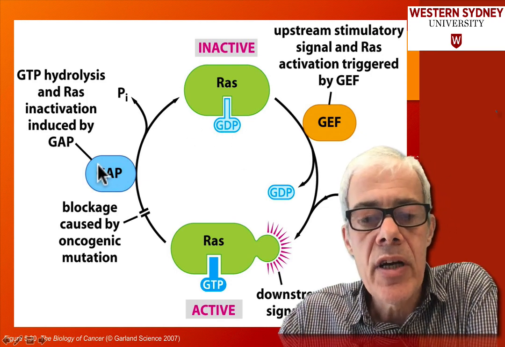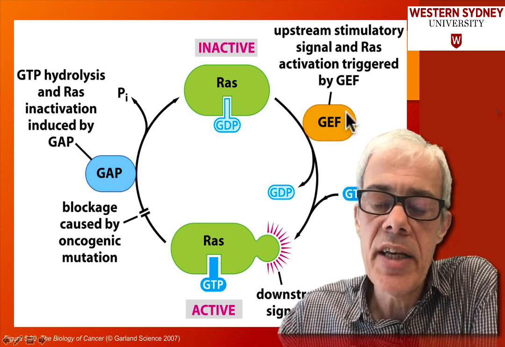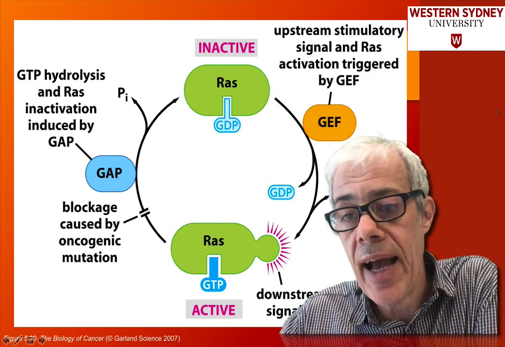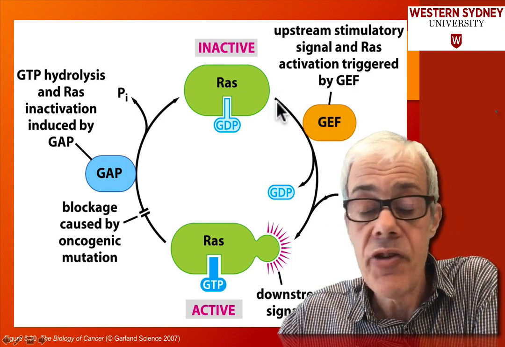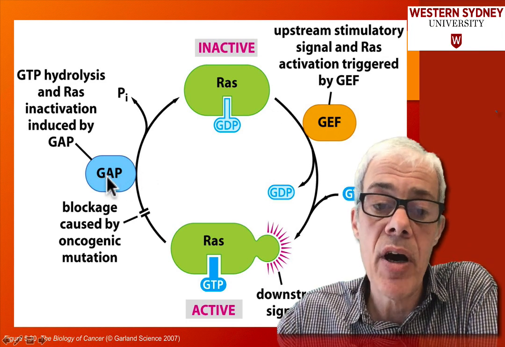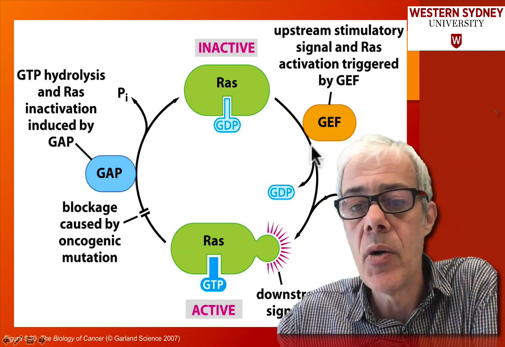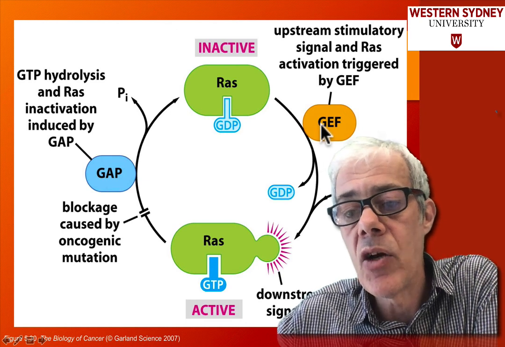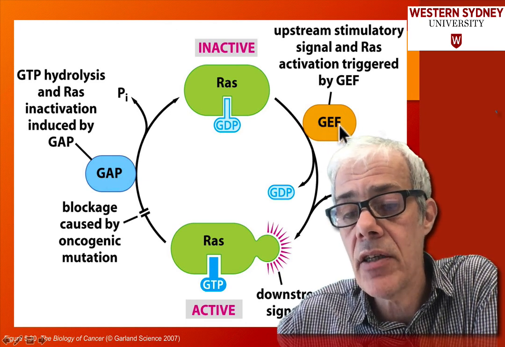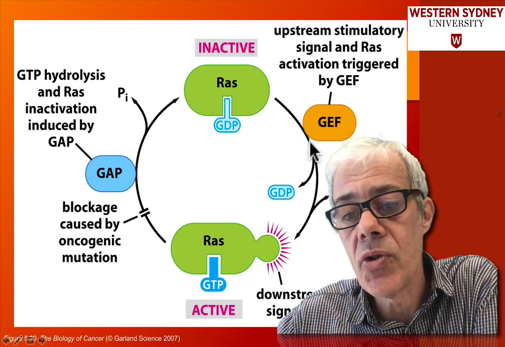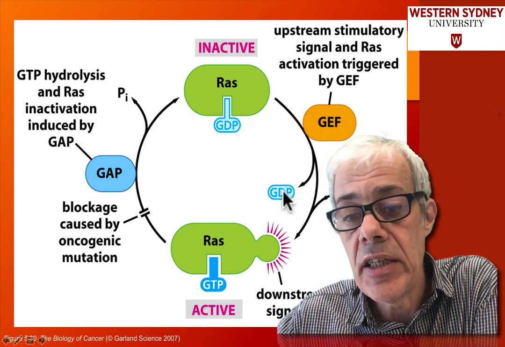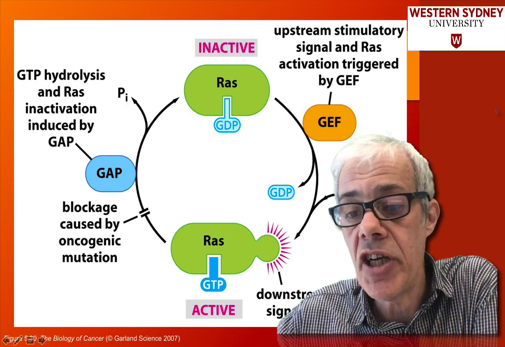So there are clearly other proteins that work with RAS during the activation process, and there are other proteins that work with RAS during the inactivation. So activation is driven by a guanine exchange factor, and that causes the exchange of GDP, and it's replaced by GTP.